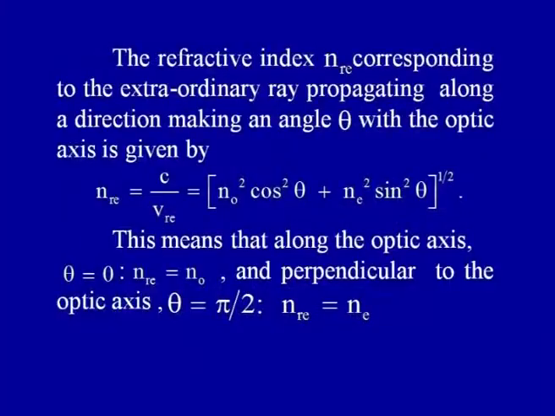The refractive index n of Re corresponding to the extraordinary ray propagating along a direction making an angle theta with the optic axis is given by n of Re is equal to C upon V of Re, which is equal to the square root of NO square cos square theta plus NE square sin square theta.